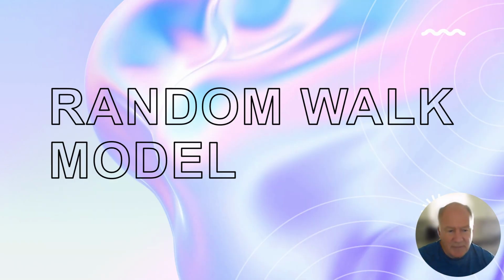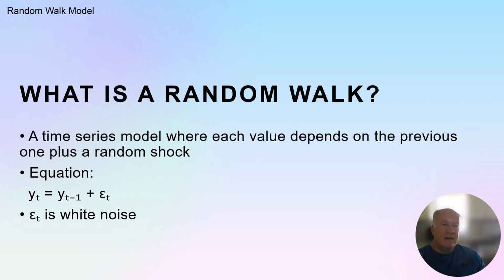So let's talk a minute about the random walk model. What is a random walk? It's a time series model in which each value depends on the previous value plus some random value. So we have y of t is equal to the previous value plus some white noise.